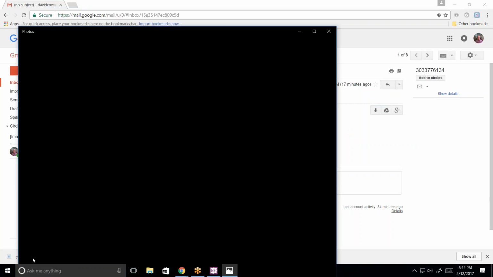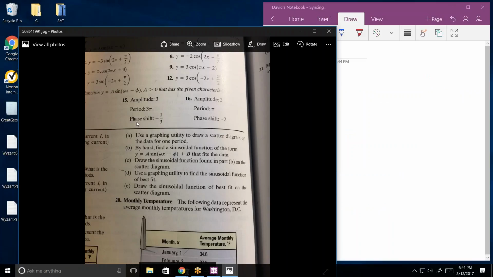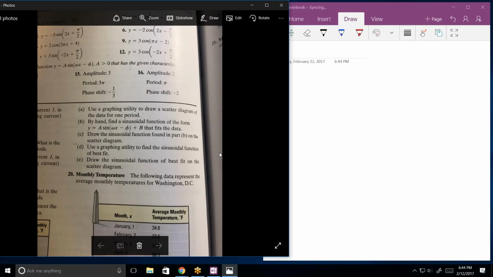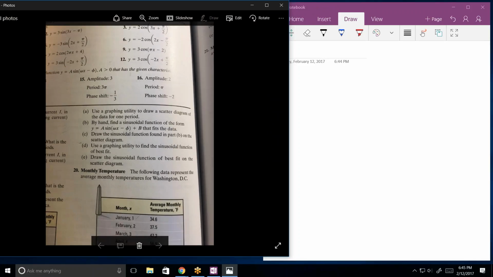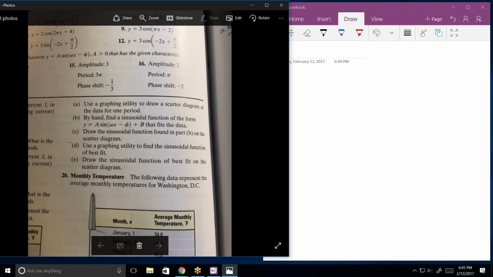Oh, sorry, I need to send you 2 more pictures. It's the same format, just different data. So which one are we doing on this problem or this page? Can you repeat that? Yeah, this second page you sent me. Which problem are we looking at? It's going to be number 20 below it.